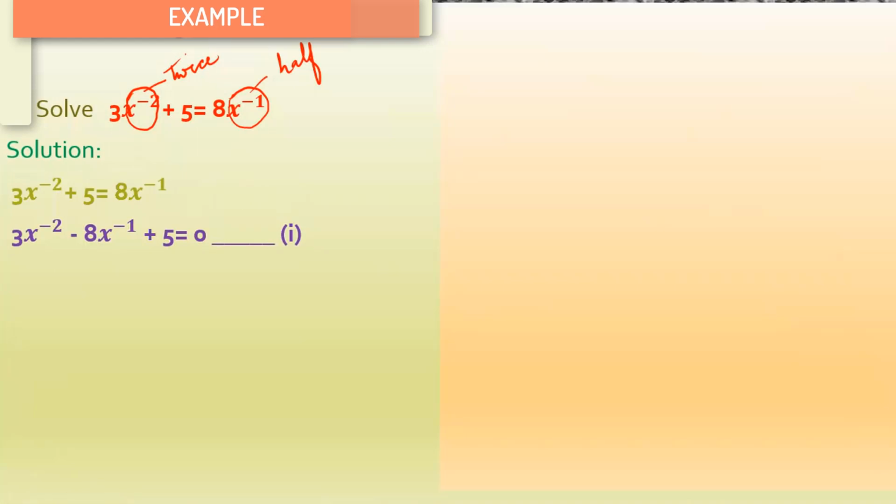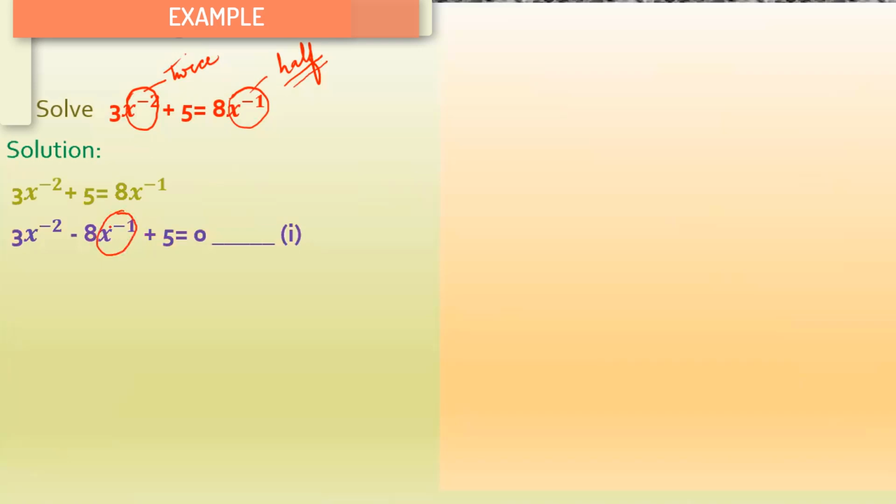You notice that it can be transformed into quadratic form easily by substitution. Always take the half power as y, right? This is the half power.